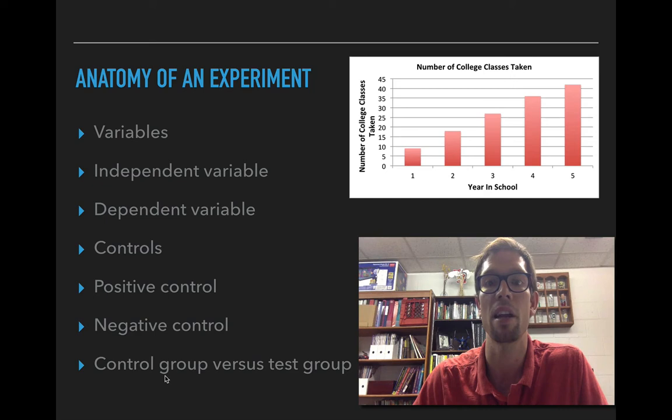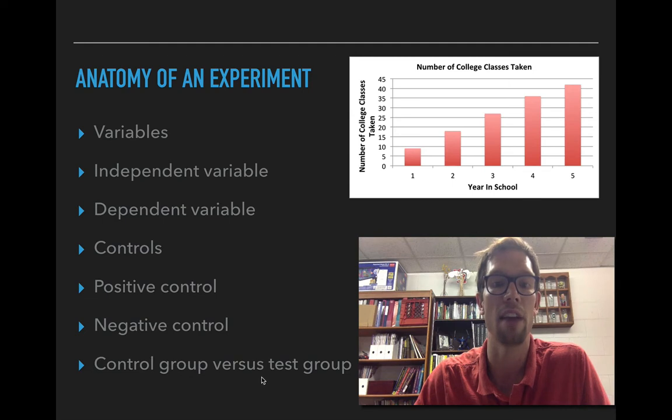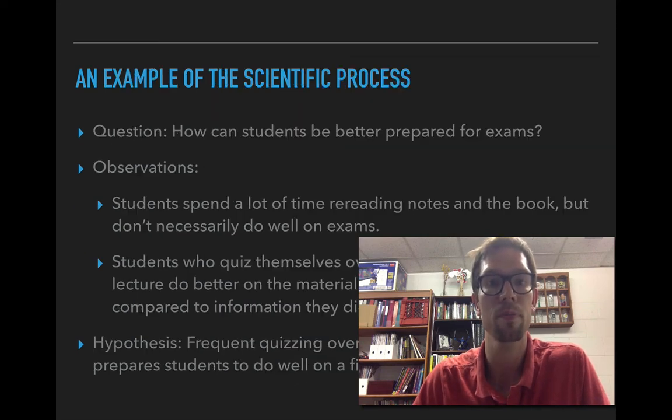You're not manipulating the variable that you want to test. And then with your test group, everything else is the same except for the one variable that you want to test, your independent variable, which in this case would be called your experimental variable. And then you'll see if that has an effect by looking at whether the control group had a different response than the actual test group.